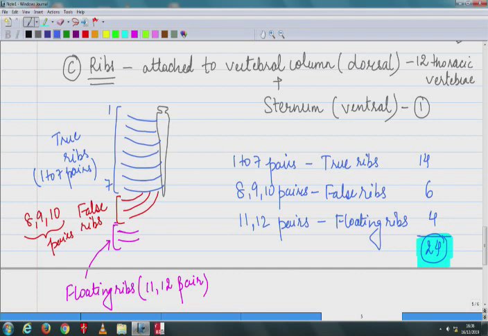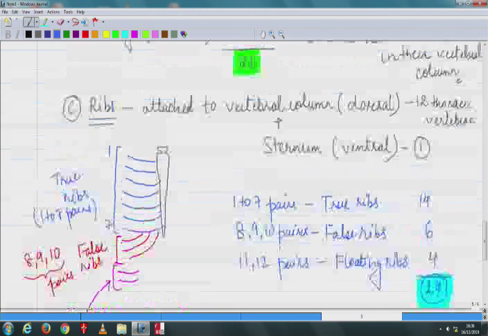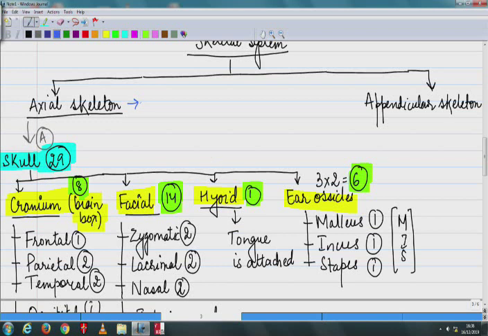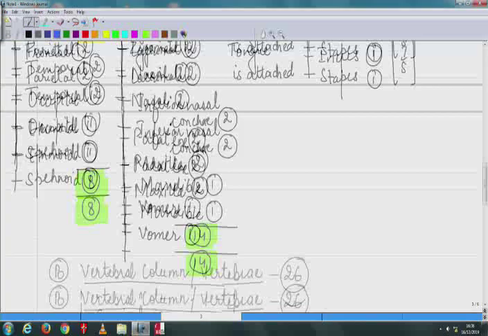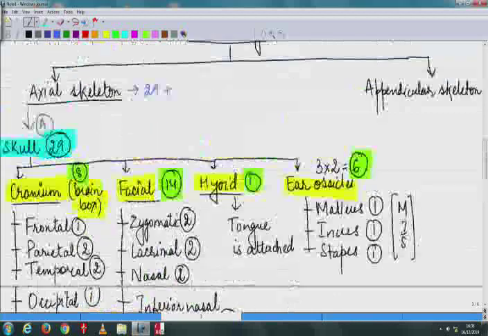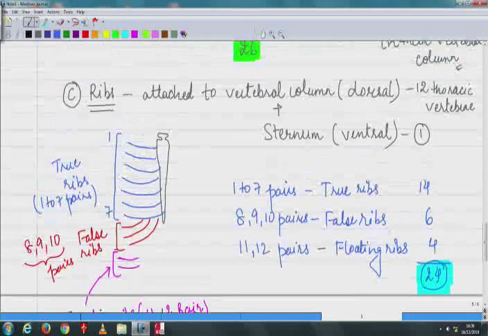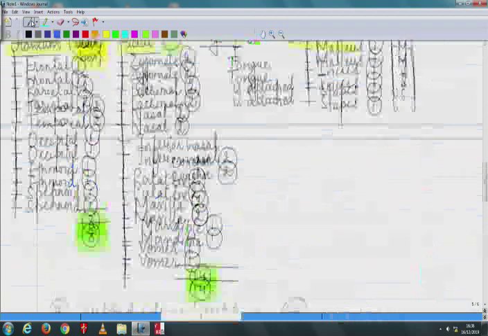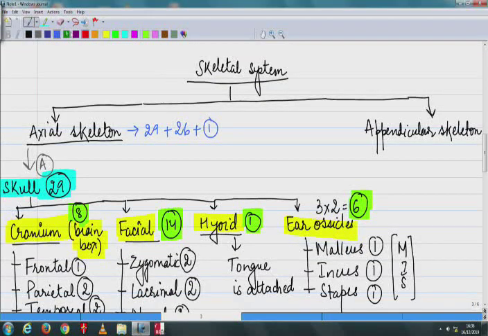Fine? Sorted? Let's see what we have done up till now. We're talking about the axial skeletal system. I told you we have 29 bones in the axial skeletal system. First part is the skull, plus we have 26 bones in the vertebral column, plus one more thing we are left with, we have one sternum, and 24 bones in the rib cage.